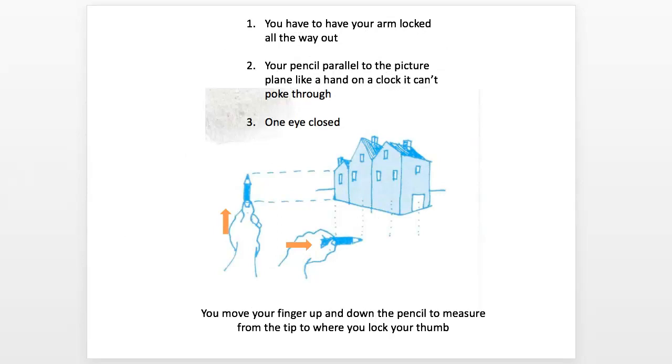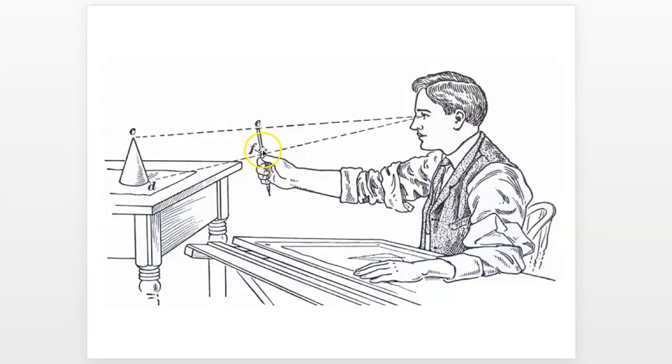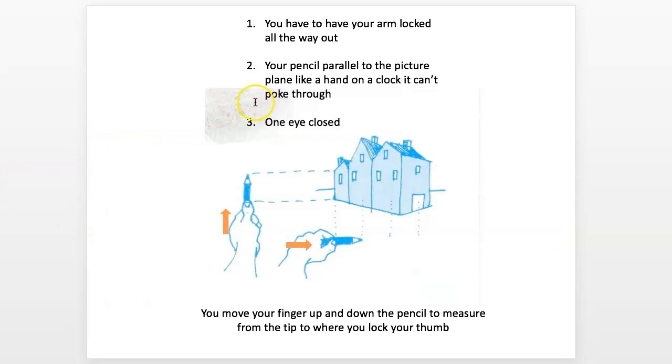It's important to know also in this methodology that your hand and pencil become the measuring device. And for that to happen, you have to have your arm locked all the way out, and your pencil has to be parallel, directly up and down, either sideways or up and down. It has to be parallel, not poking through the picture plane, like a clock hand on a clock can't poke into the clock or out of the clock.